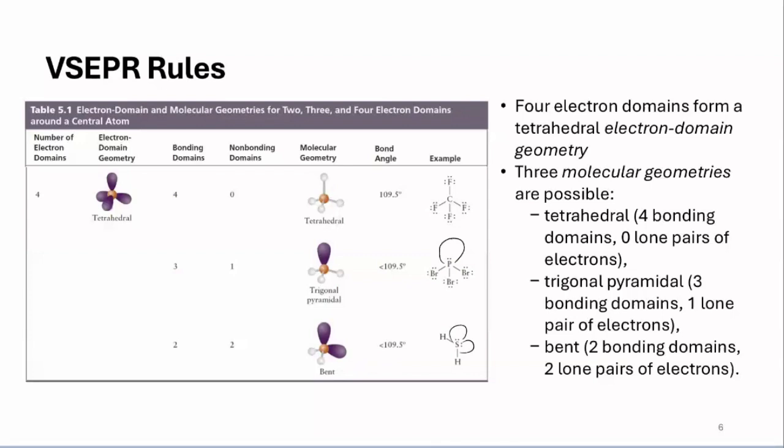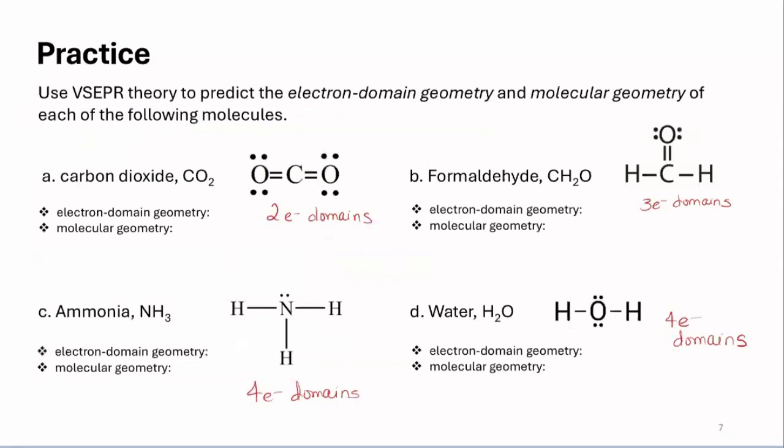Let's apply all of this information to the molecules that we have in slide 7. Let's get started with CO2, and we're going to do all the examples in the slide. We already observed that CO2 has 2 electron domains. If we go back to slide 4, we can observe that molecules that have 2 electron domains have an electron domain geometry and a molecular geometry that is linear.